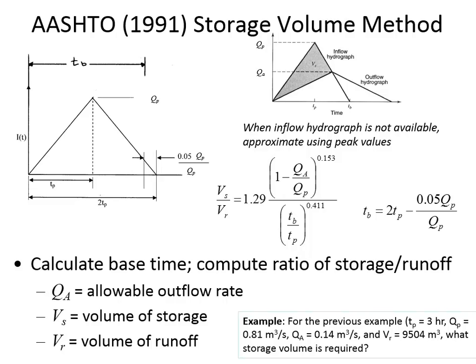The runoff volume V sub R, which we calculate just by integrating the runoff hydrograph, is 9,504 cubic meters, times 1.29, times 1 minus 0.14 cubic meters per second, that's Q sub A, the flow out of the pond, over Q sub P, 0.81 cubic meters per second, to the 0.153 power, divided by 5.95 hours divided by 3 hours to the 0.411.